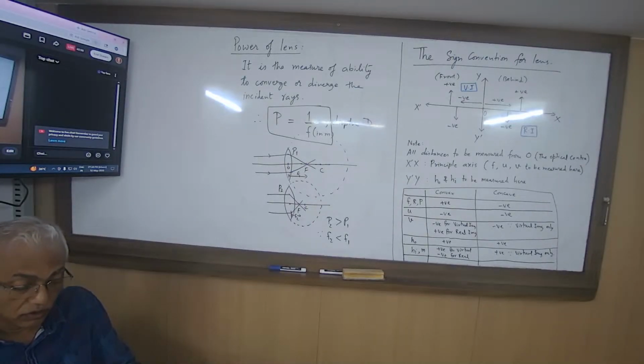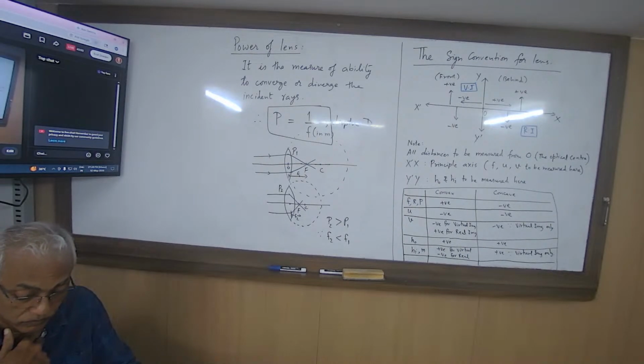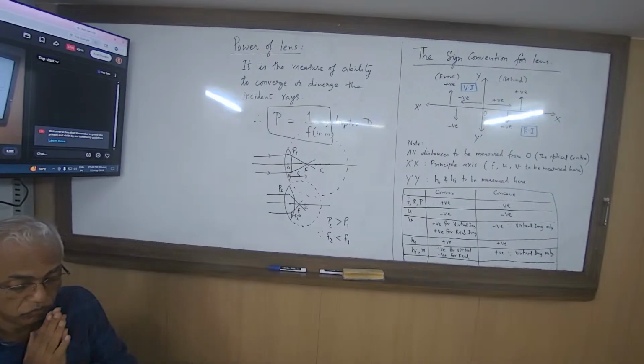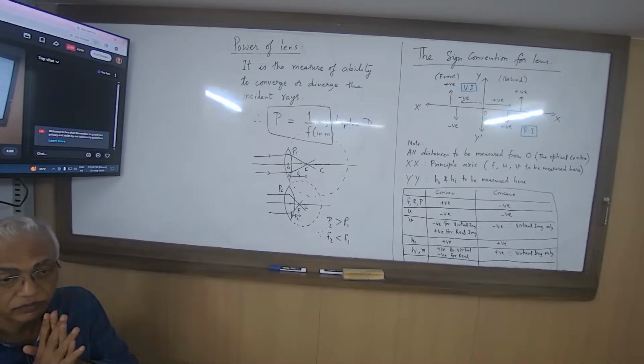For example, come to page number 65 and look at question number 11. Which diagram shows image formation of an object on a screen by a converging lens? What should be the correct answer, from A, B, C, D?